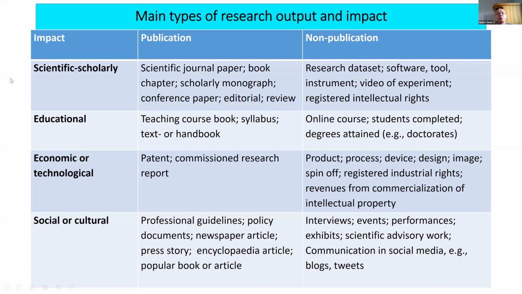So I distinguish between publication and non-publication types of output, and between scientific scholarly impact, educational, economic, technological, and social or cultural. And as you can see, each aspect has its own indicators.